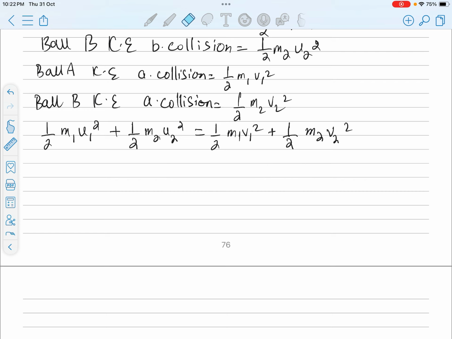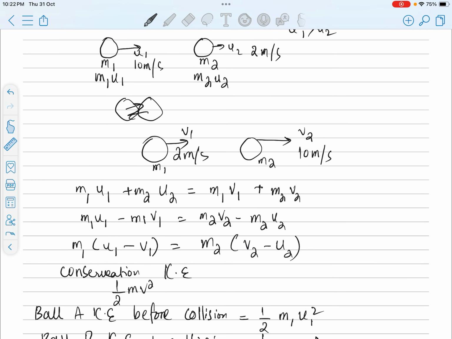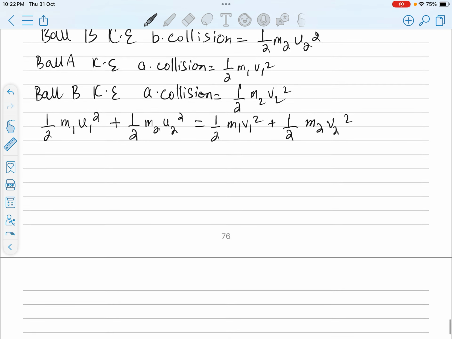Just like we brought together the momentum before collision and after collision of ball A on one side, and the momentum before and after collision of ball B on another side, same here, we will bring together the kinetic energy of ball A before and after collision on one side, and the kinetic energy of ball with mass m2 on another side.